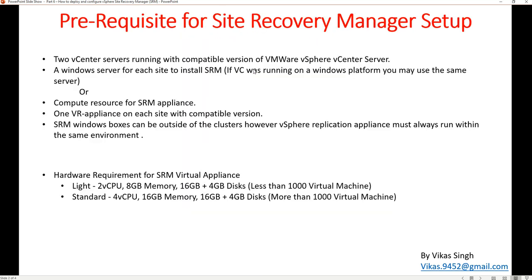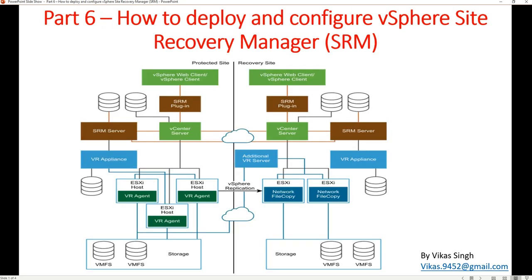So these are some prerequisites for the Site Recovery Manager setup. The first thing, we require 2 vCenter servers running a compatible version of VMware vSphere vCenter server. In my environment, I have deployed the VR appliance 8.3.0, which is compatible with vCenter server 7.